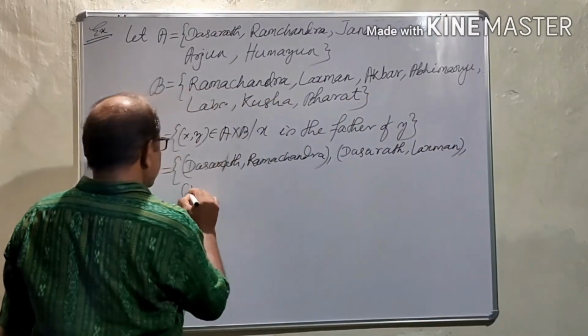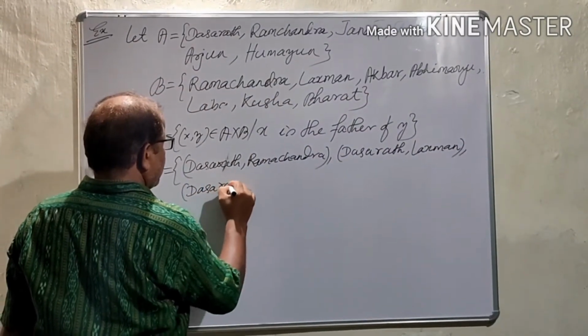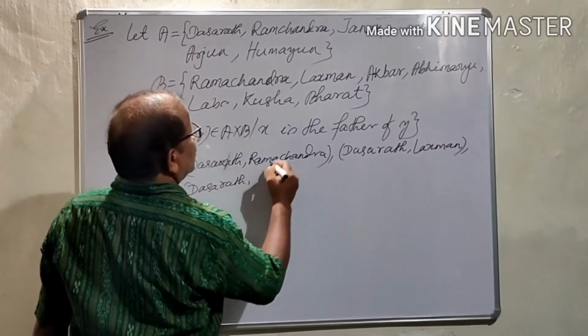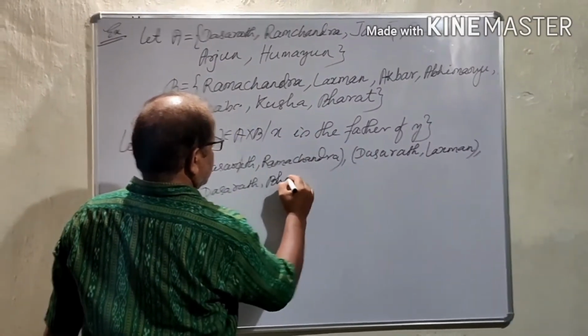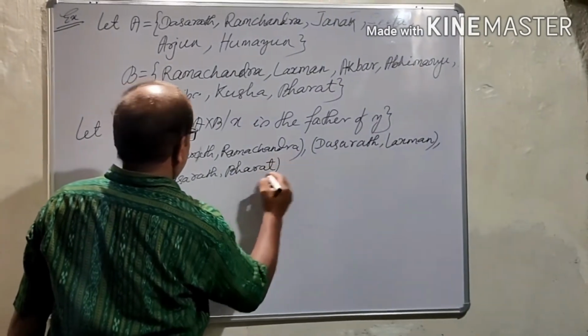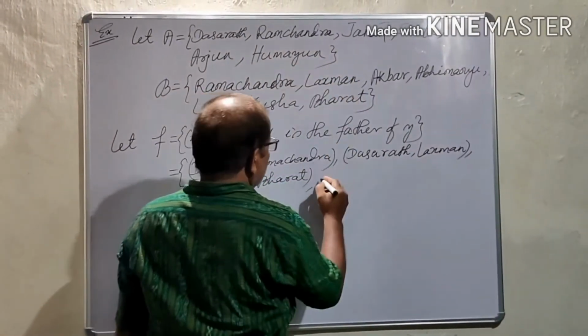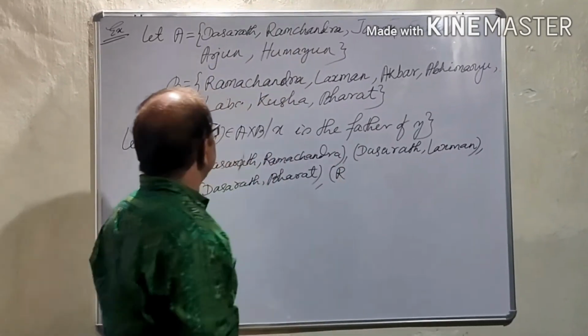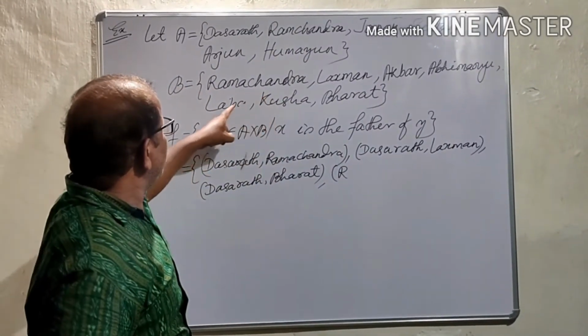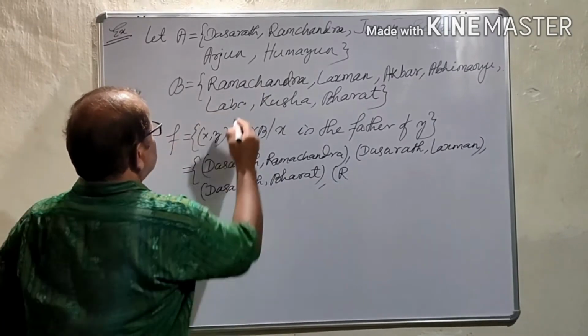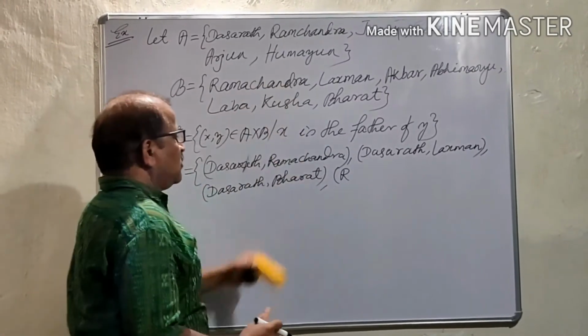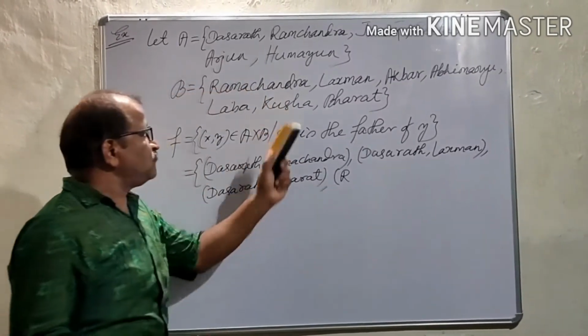Dasarath is also related to Bharat. Then we will go to Ramachandra. Ramachandra is the father of Lava, and also the father of Kusa.